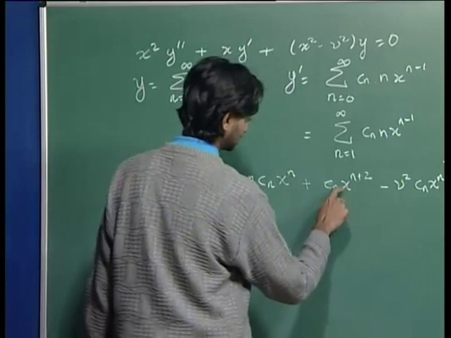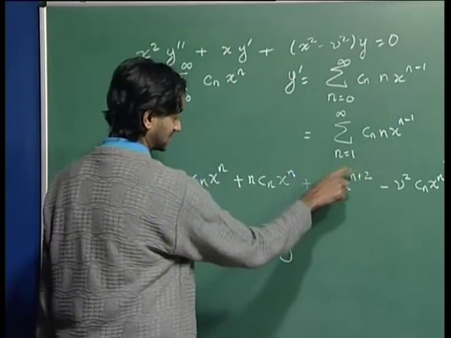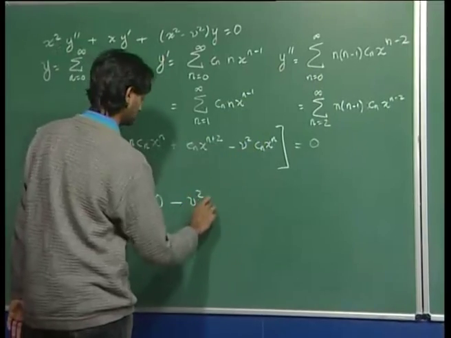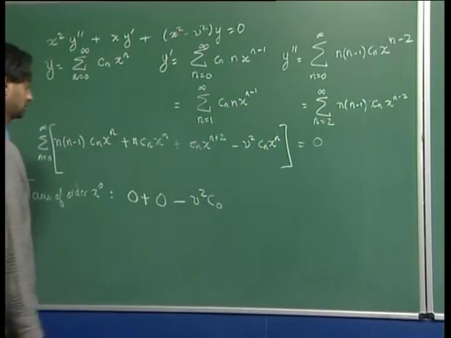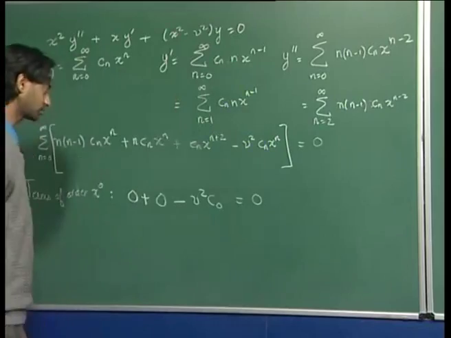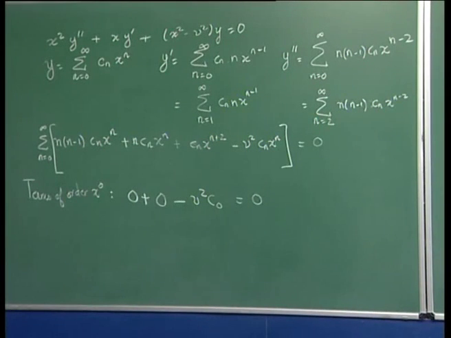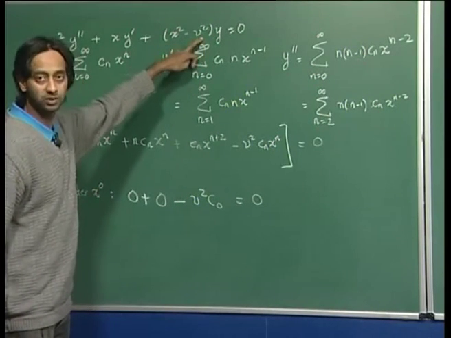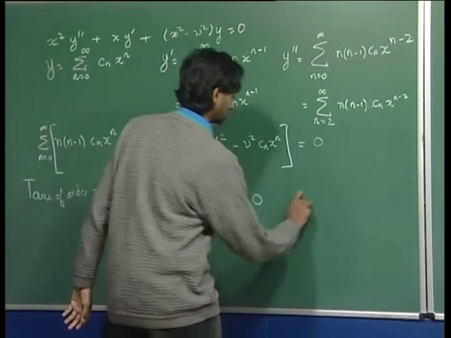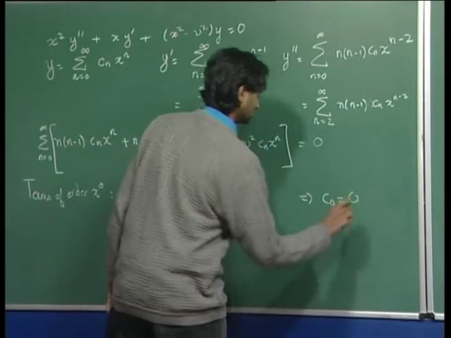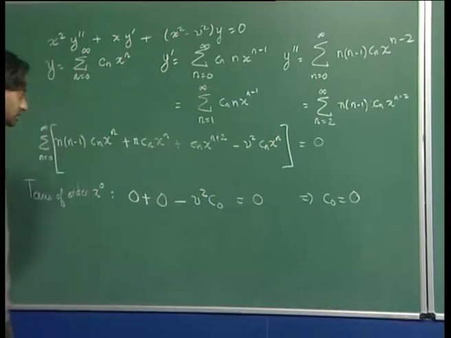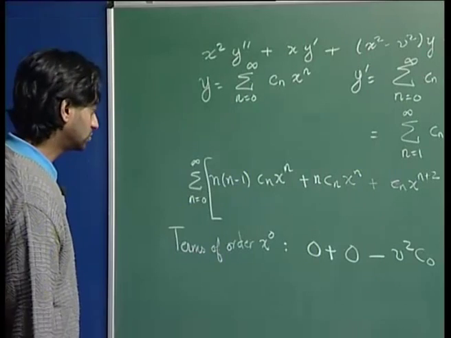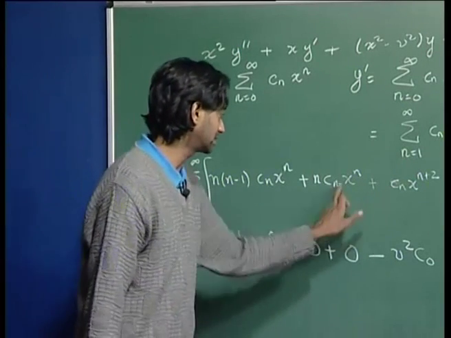Here there is no term because even when n equal to 0, this starts with x square, and you have minus nu square c 0, equal to 0. So, nu square is some general number, and if nu is not equal to 0, then you have c 0 equal to 0.